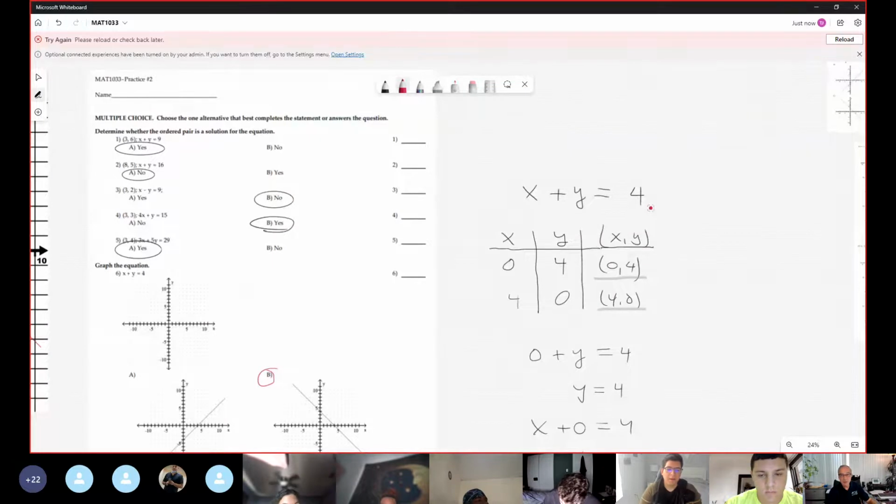I want to express it in slope-intercept form. So I solve for y. So y alone is equal, I move x to the right hand side, minus x plus 4. When you see it clear as water, y is equal mx plus b, where b is 4.